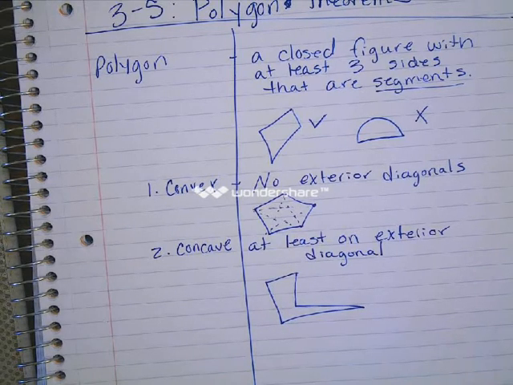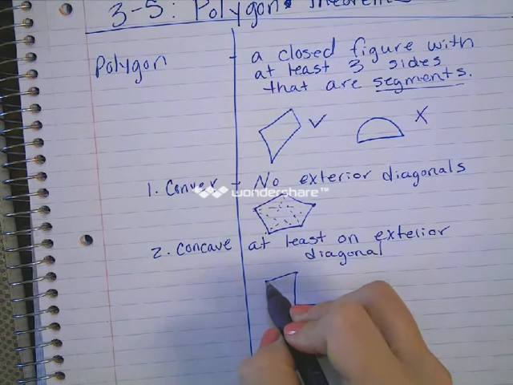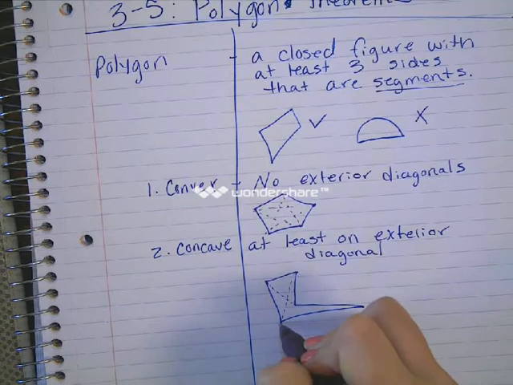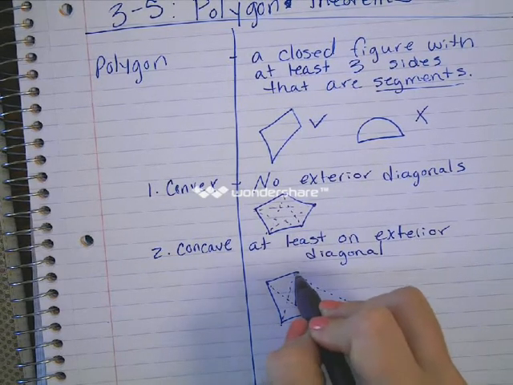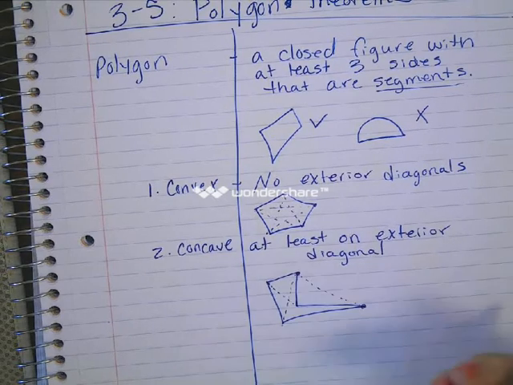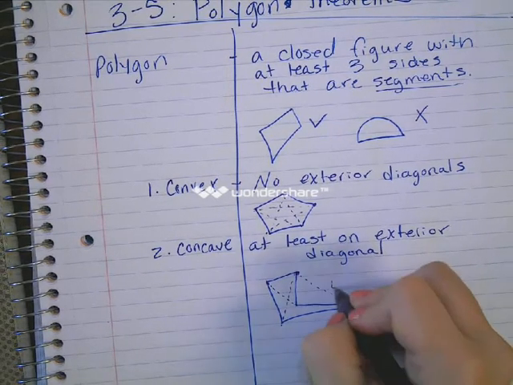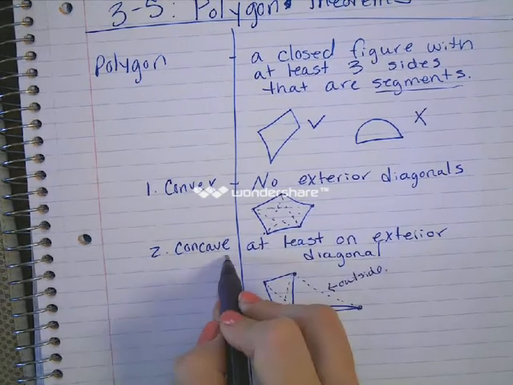Now, let's draw some diagonals. That's a diagonal. That's a diagonal. What about this diagonal right here, though? From one corner to another. That one went outside the figure, didn't it? So that makes it concave. Alright, that's the technical definition.